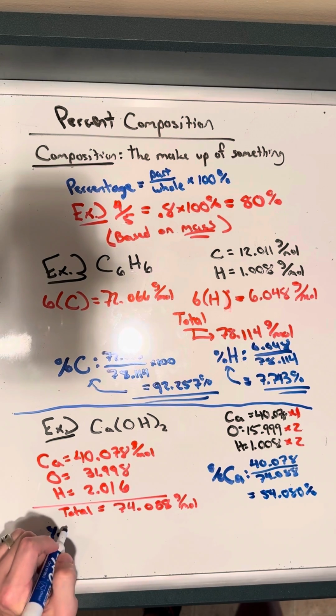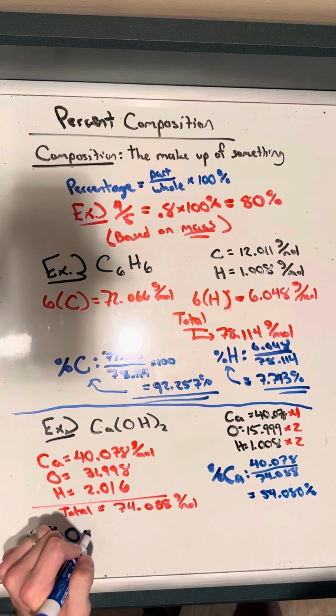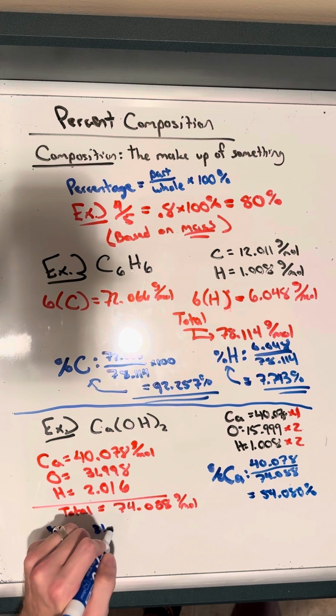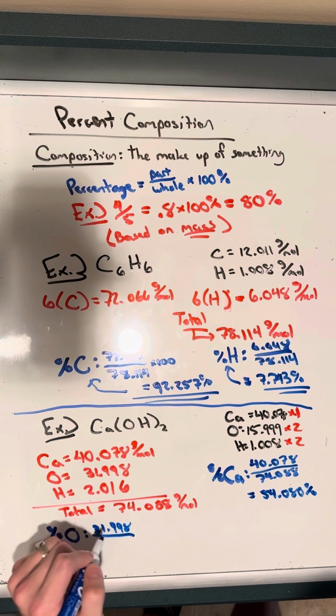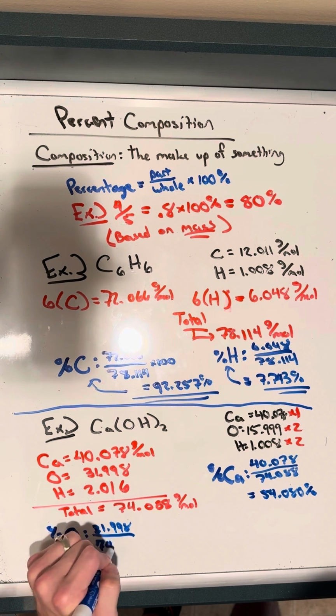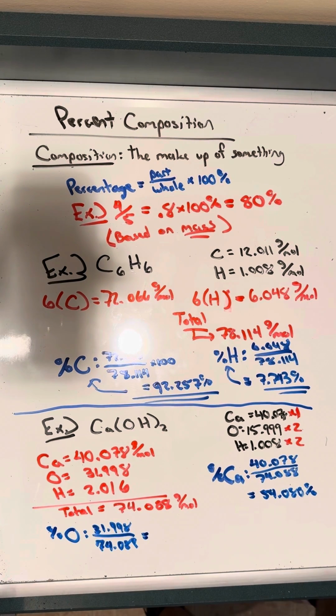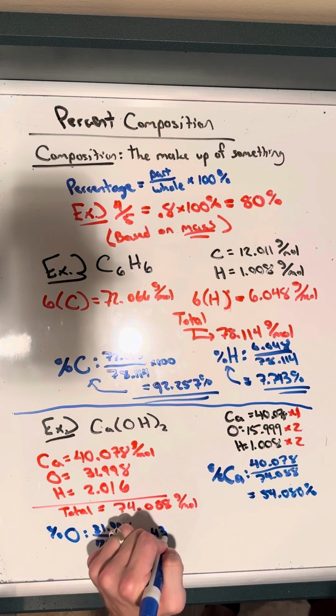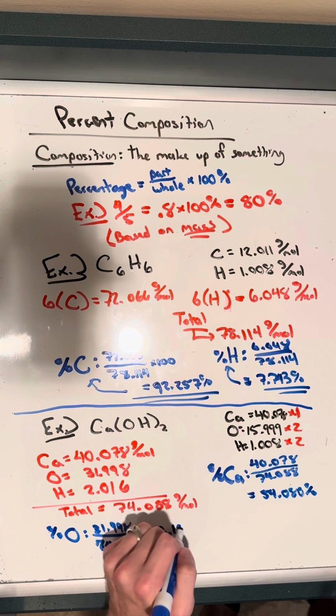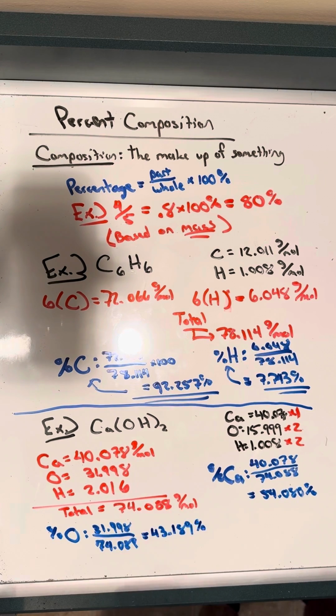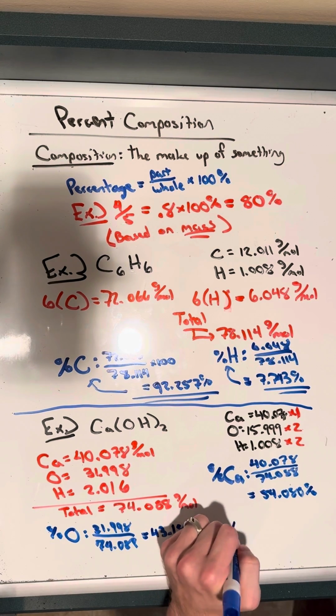My percent oxygen will then be 31.998 divided by 74.088. Again, I'm going to take that number and multiply by 100 to get my actual percentage. This is going to come out to be 43.189%. And my last guy here is going to be hydrogen.